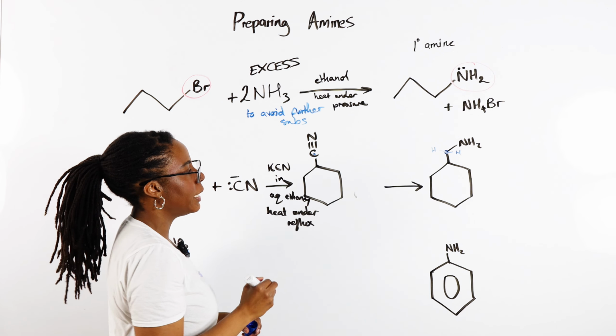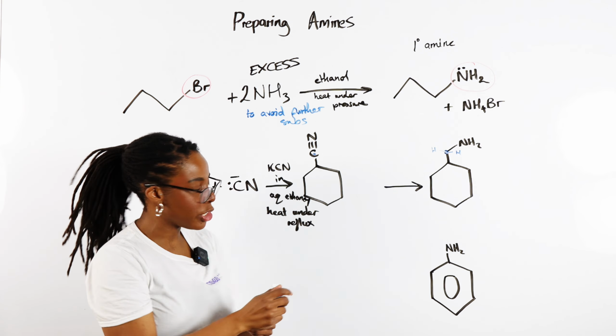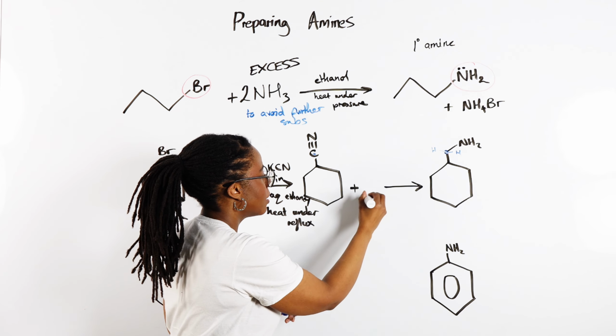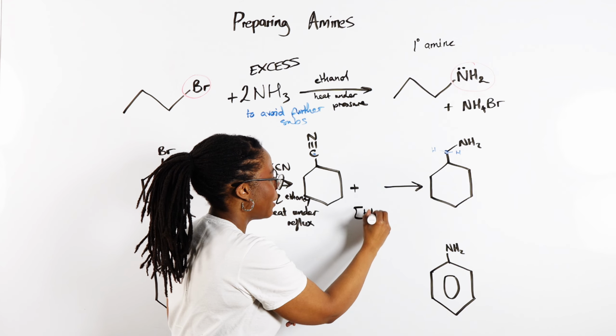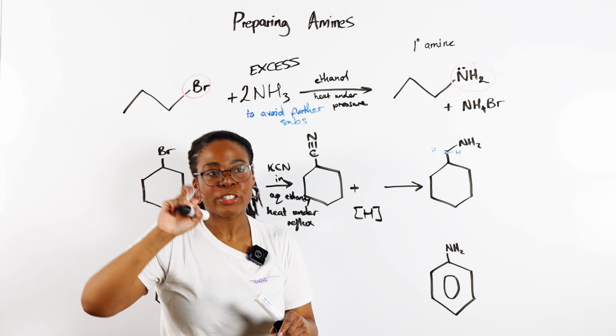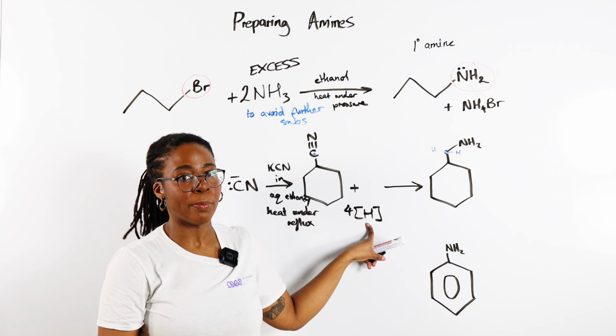So that's this carbon here. Because this is reduction, addition of hydrogen, we can represent this in our equation as plus H in square brackets. And because we are adding 4 hydrogens, we can put a 4 in front of our H in square brackets.